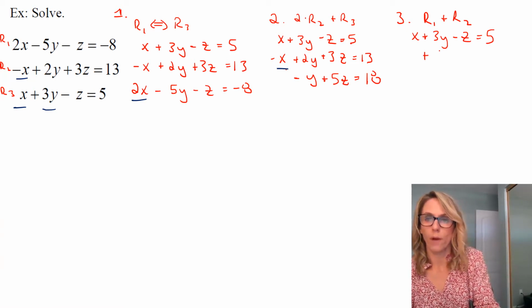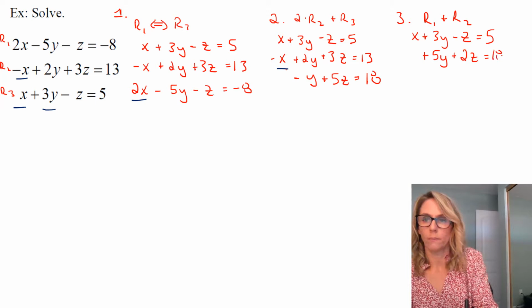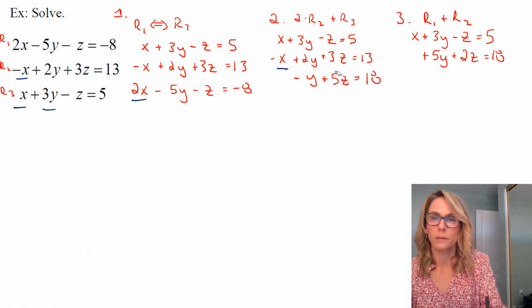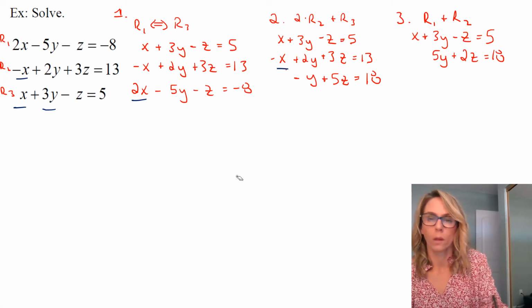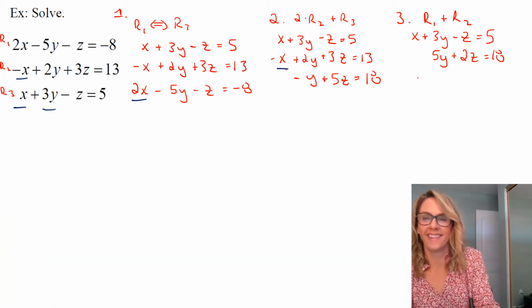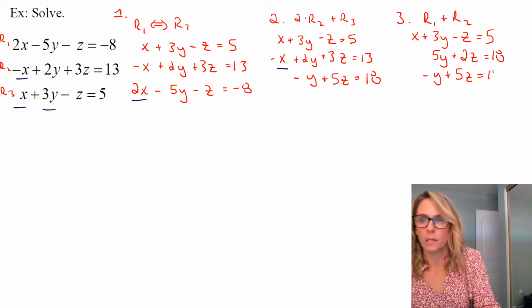So I'll have a 5y and I'll have a 2z and I will have an 18. Okay, and I don't really need the plus there, but technically it is positive. Then I have negative y plus 5z equals 18.